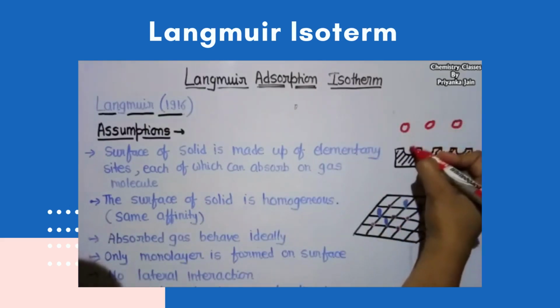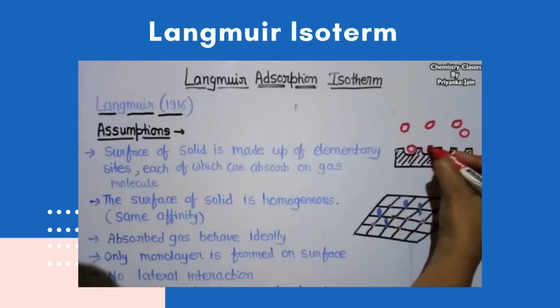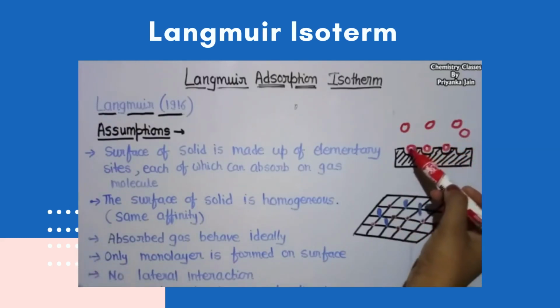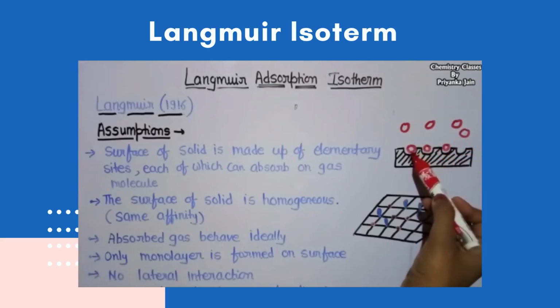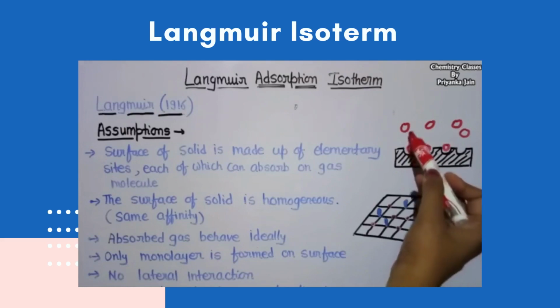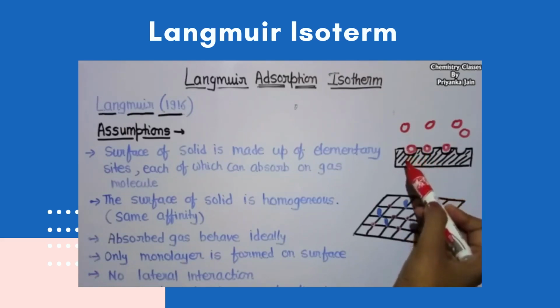Now the adsorption of the gas molecules can take place on these sites. These sites will adsorb the gas molecules, and on each site only one molecule will be adsorbed. It means any site cannot adsorb two molecules. Only one molecule or atom will be adsorbed on one site.